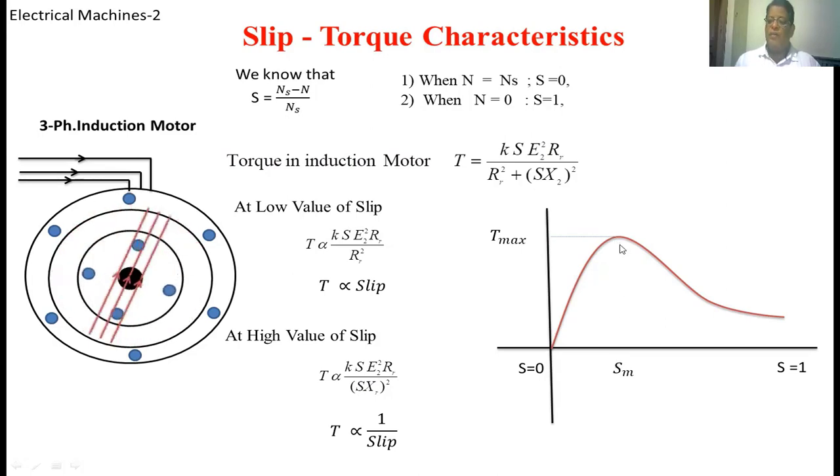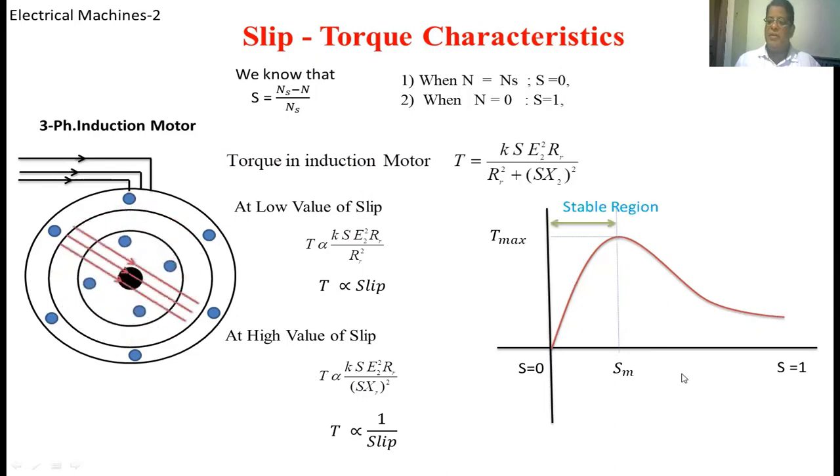After this, if you decrease the speed of the induction motor, the torque developed is inversely proportional to the slip, so that's why it decreases. In the first region, when the slip is increased, the torque developed in the induction motor also increases. This region is the stable region.